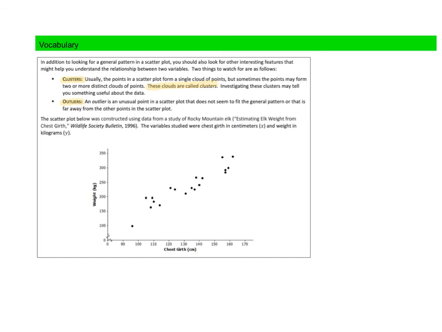It's called a cluster. Okay, and that might tell you something useful about your data. An outlier is an unusual point that does not fit the pattern. It's kind of like far away from the other points. Okay, so if we look at this graph right here, we're going to be noticing some clusters and some outliers, and we'll get into that on the next page.